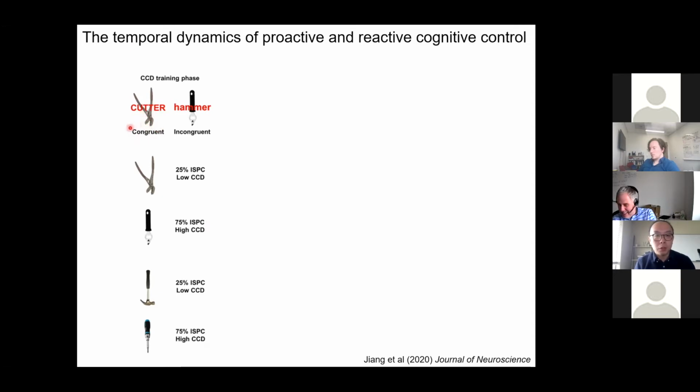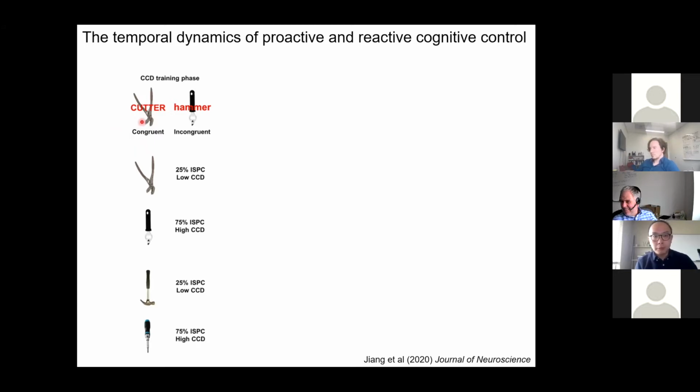During the task, the participants were asked to respond to the tool image by using a button press. Before the task, we had them trained on the mapping between the images and the responses.